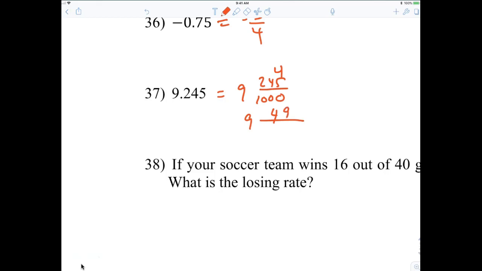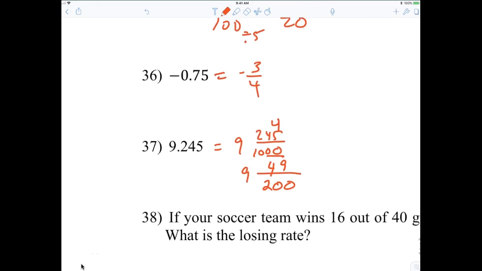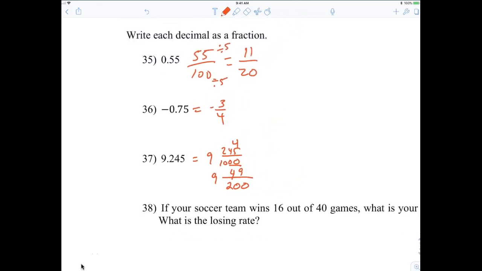And 5 goes into 1,000 how many times? With how many zeros? 2 zeros. You see why that is? Tell me. I didn't get there on 35. All right, let's take a look at 35 again for a second. And if you're not sure, let me know. That makes sense, right?